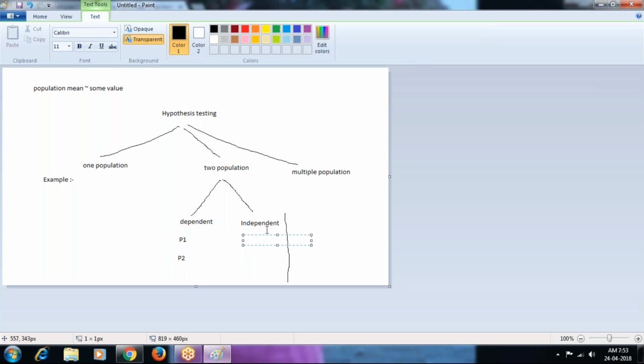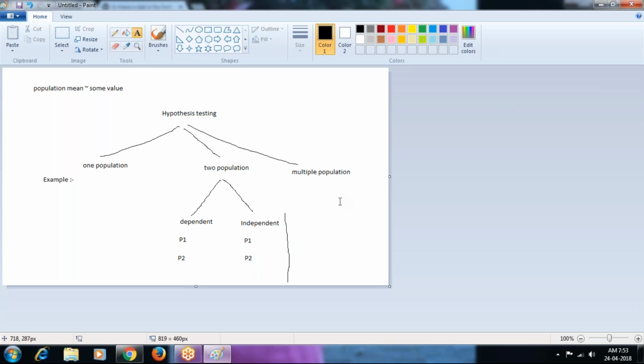Similarly, here you have to make sure that P1 and P2 are independent of each other. Dependency you validate by means of statistical techniques like collinearity. If P1 and P2 are independent, then you will find there is no correlation between P1 and P2. But if you take a hypothesis test for dependent populations, you have to ensure that P1 and P2 are correlated. Okay, so let's take an example of a dependent population.